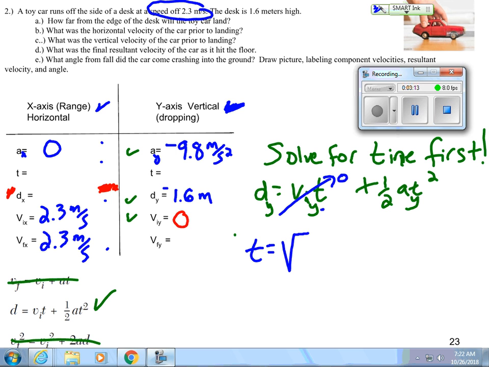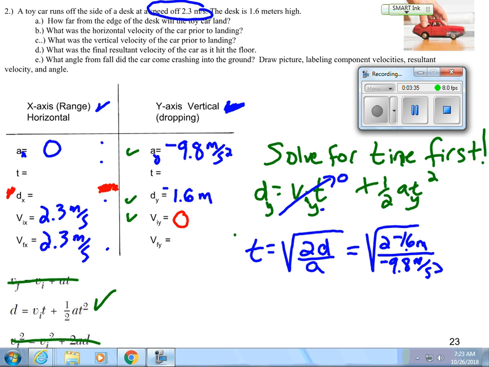t ends up being the square root of d times 2, or the height of the table times 2, divided by gravity. Plug in your numbers, and you get 2 times negative 1.6 meters divided by negative 9.8 meters per second squared. Don't forget this is a parenthesis, so that's actually multiplication.